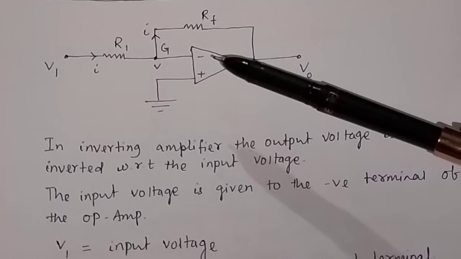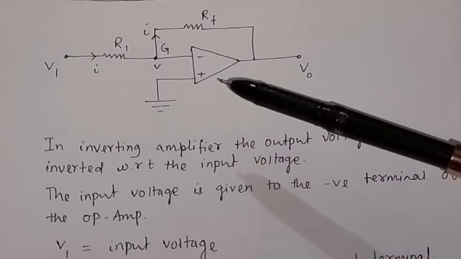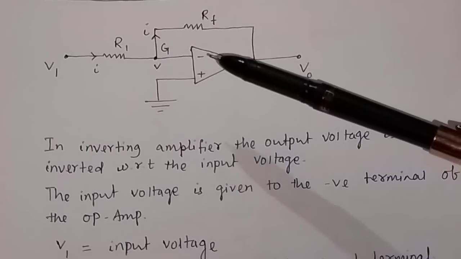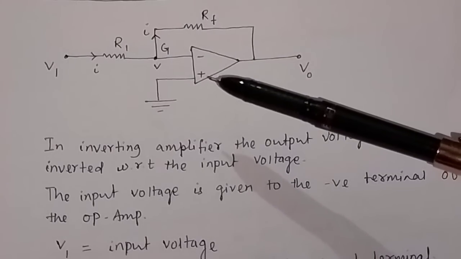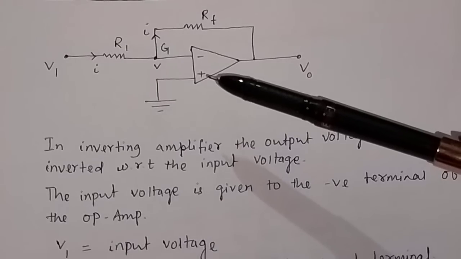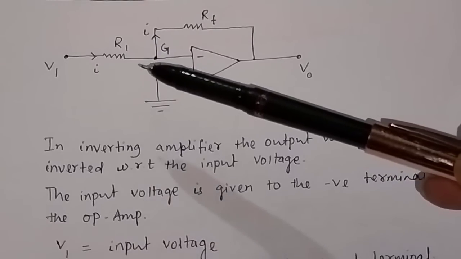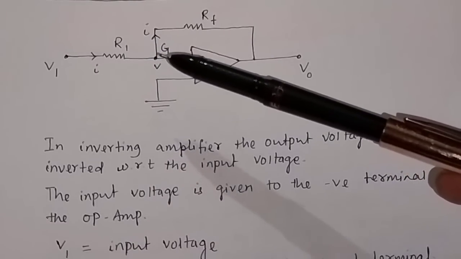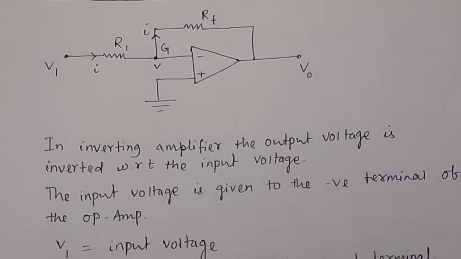If the operational amplifier is ideal, then its input impedance is very high or infinity, so no current passes through the operational amplifier. That is why the current passing through this input resistance is equal to the current passing through this feedback resistance.